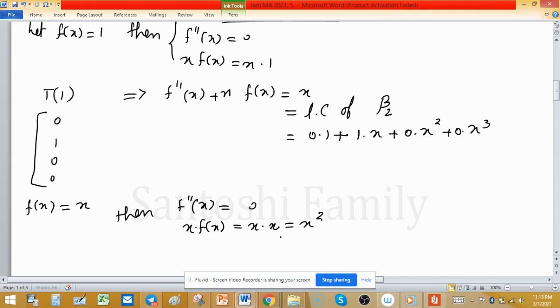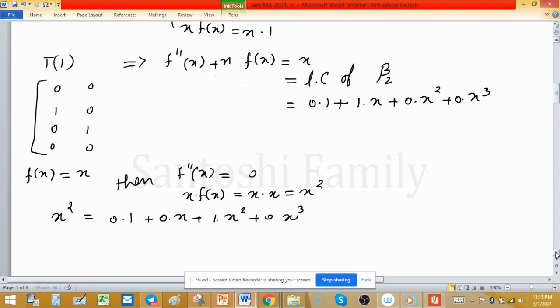Writing it as a linear combination, x square can be written as 0 times 1 plus 0 times x plus 1 times x square plus 0 times x cube. So these coefficients form the second column: 0, 0, 1, 0.